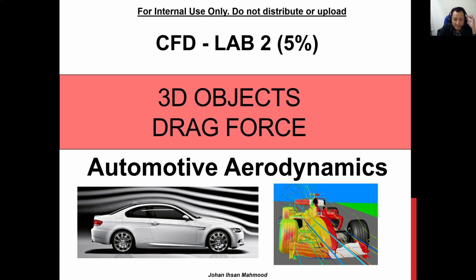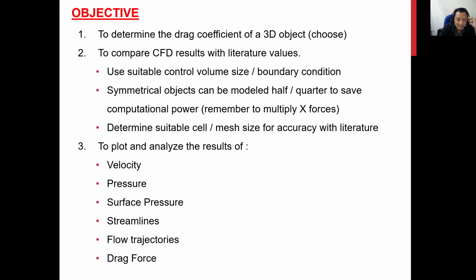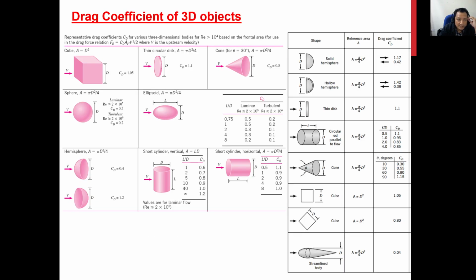It's a 3D object, and we're determining the drag force. If you look here, there are several 3D objects whose drag coefficient you can measure and try. You can do a cube, a thin circular disc, a sphere, or any object that you want.